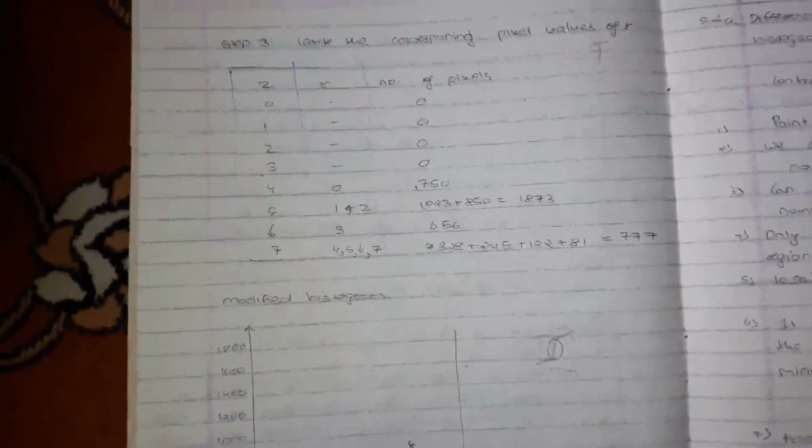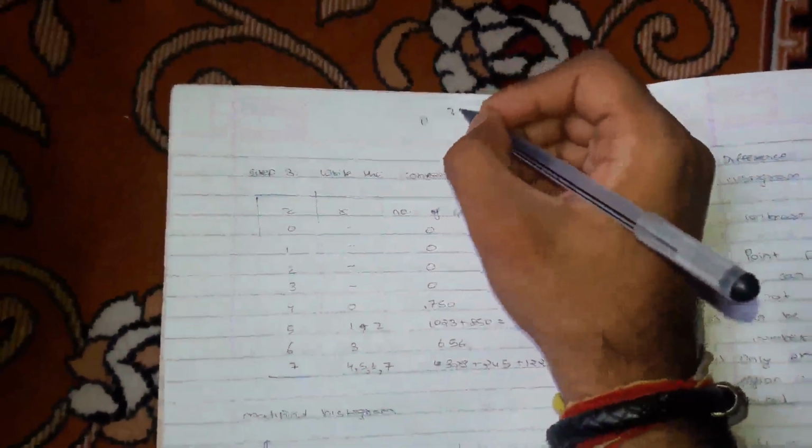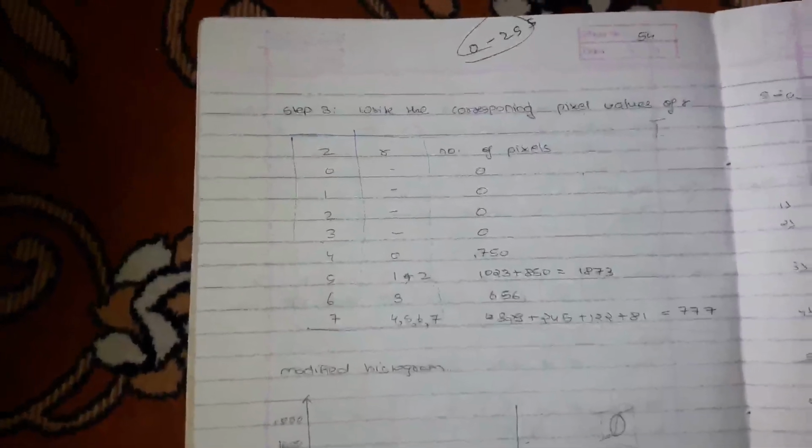You might feel that the technique is wrong or something else, but the point is no technique is wrong in image processing. What happens is, when we go to the industry we deal with real images. There the images are from 0 to 255. So our actual practical range for images is 0 to 255.